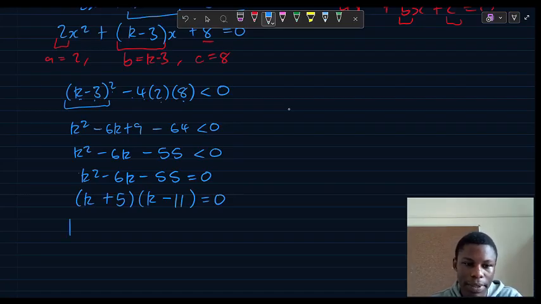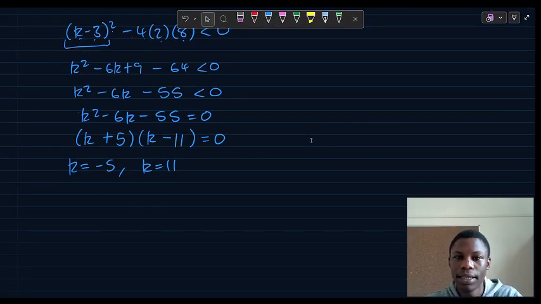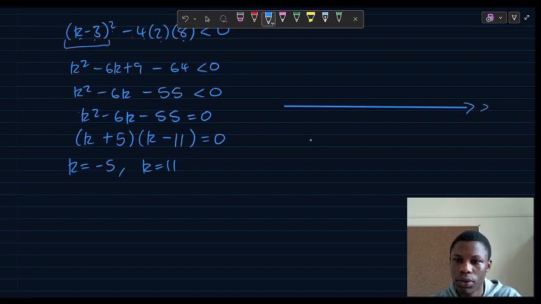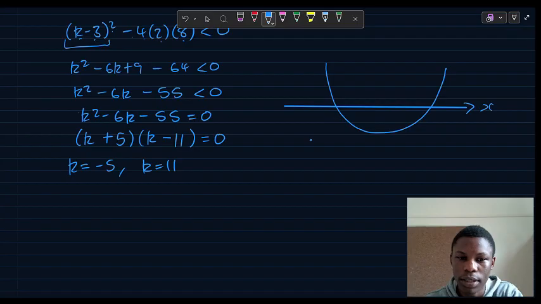Okay. So that means either k is minus 5 or k is 11. So those are the solutions to the quadratic equation. Now to determine the solutions to the inequality, we've got our curve, I should probably use k here.